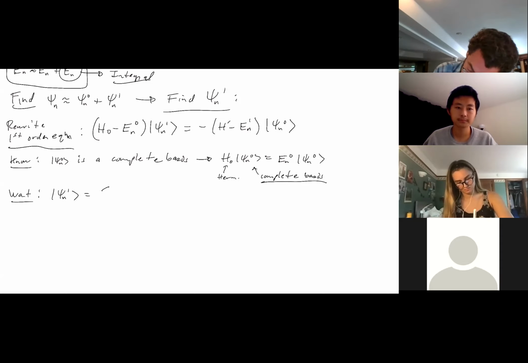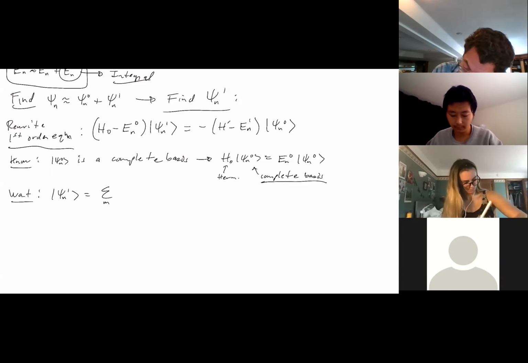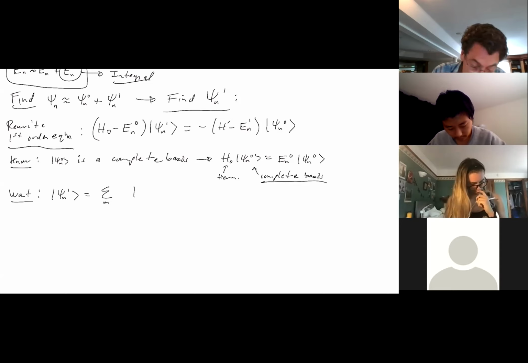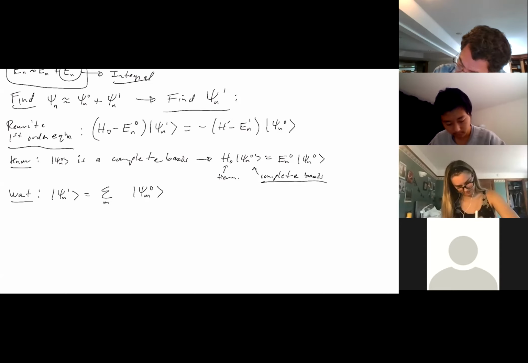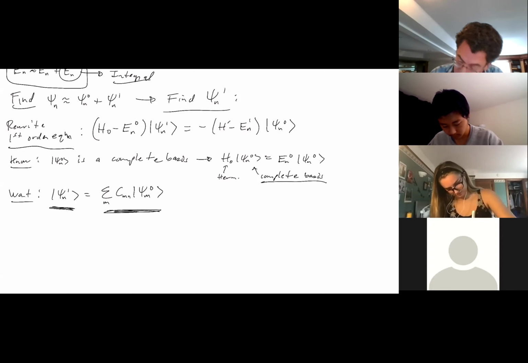I'm going to write it as an expansion in the unperturbed basis, the basis that we know. Since this is a complete basis, I can always write anything in terms of that basis. So I'll take the thing I want and write it as an expansion in this complete basis, but that means I have to put in these coefficients, C, M, N.